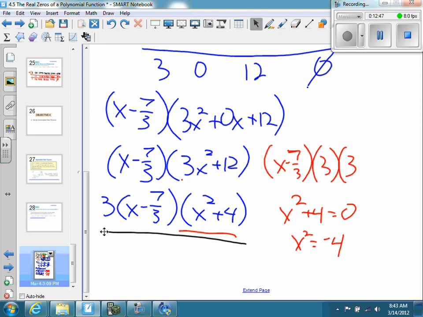times x squared plus 4. So I just took the 3 out of here, and I left it right next to it, right? But you know, with multiplication, it doesn't really matter where we put it, right?